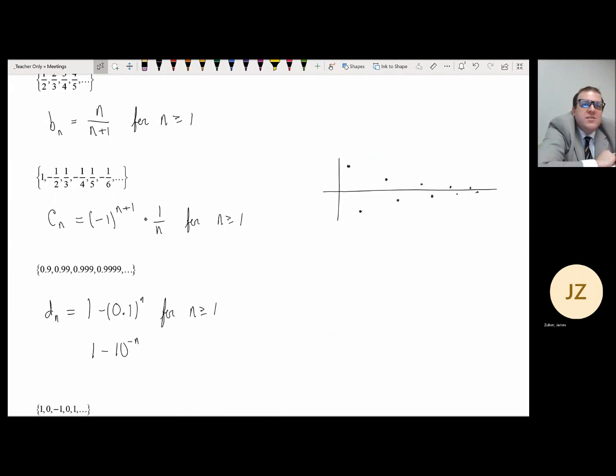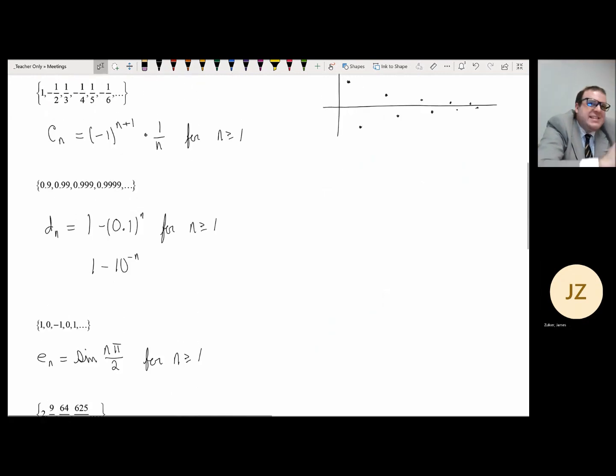What about d sub n? Converges to 1. What about e sub n?